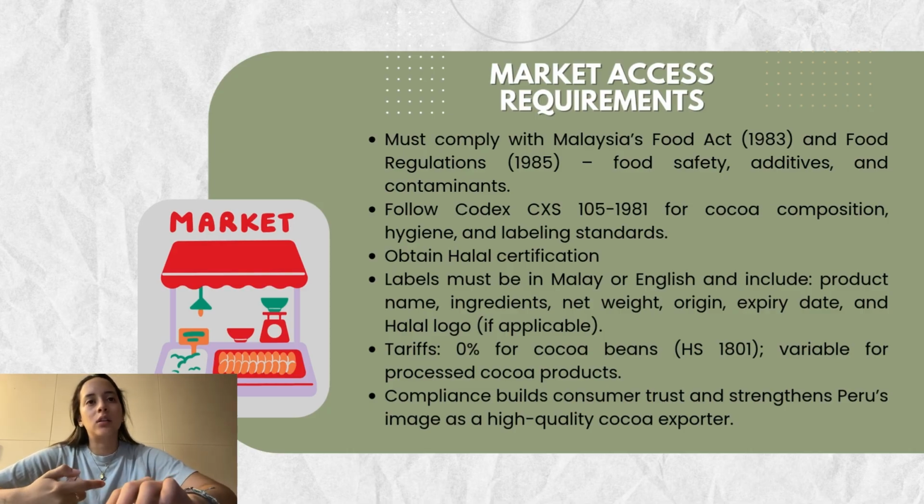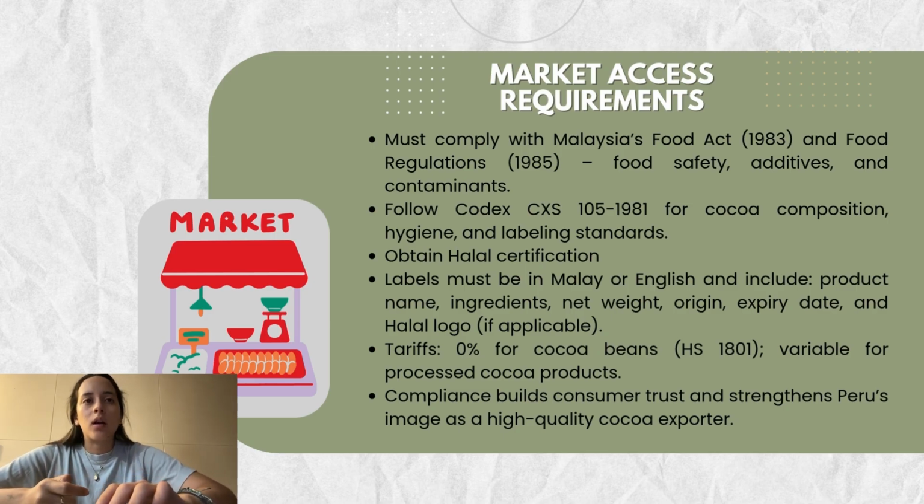In addition, the International Standard Codex Alimentarius defines the essential characteristics and compositions of cocoa powders and mixtures, serving as a technical reference for both Malaysian authorities and Peruvian exporters.